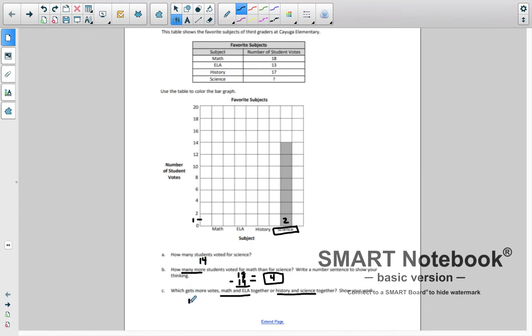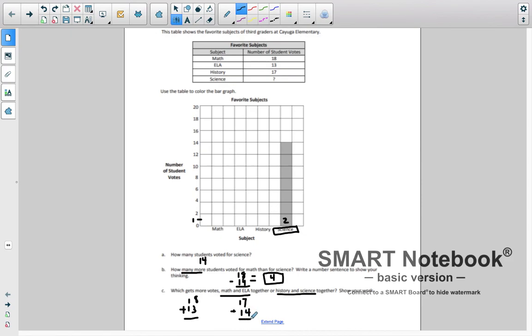So I'm going to do 18 plus 13, because in our question, it says math and ELA together. And then it says history and science. Well, over here it says that there were 17 people for history, and we figured out for science that there were 14. So which one had more votes?